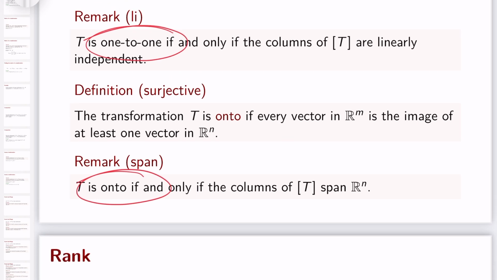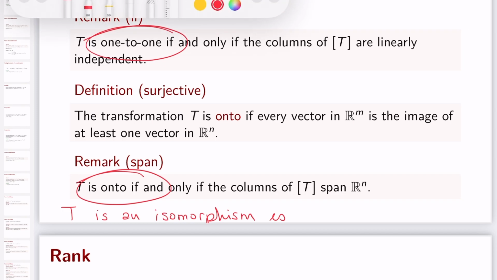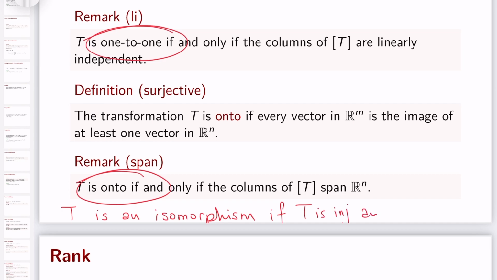If a linear transformation is both injective and surjective, then we say that T is an isomorphism. So T is an isomorphism if T is injective and T is surjective.